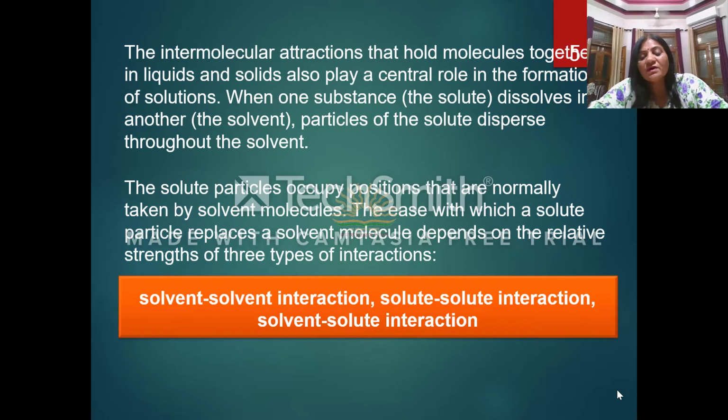When solvent-solute interactions are more than the solvent-solvent and solute-solute interactions, then only is there the possibility of the formation of the solution. Because a solution can be formed only when the solute particles take the position of the solvent particles in the dispersed phase.